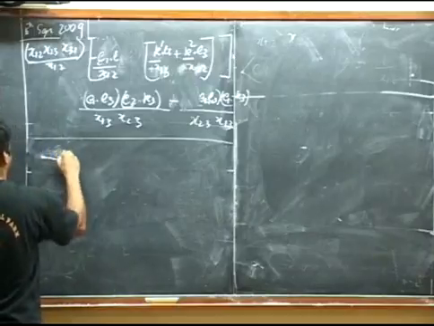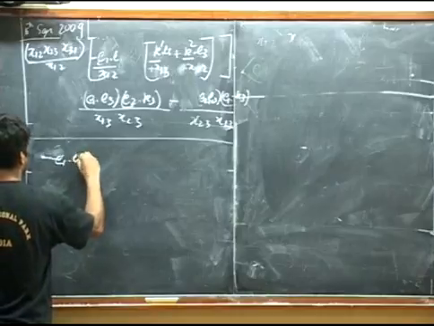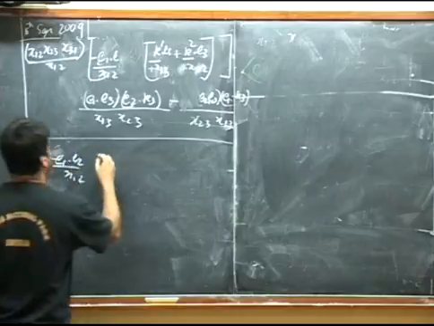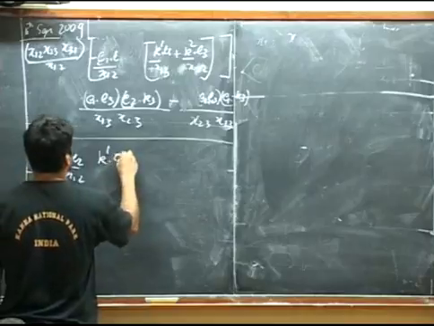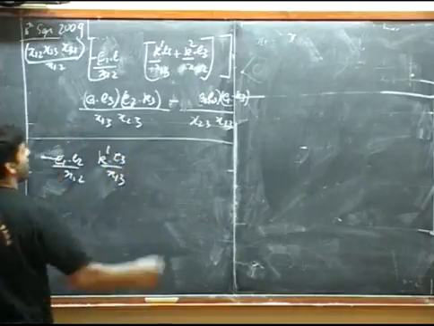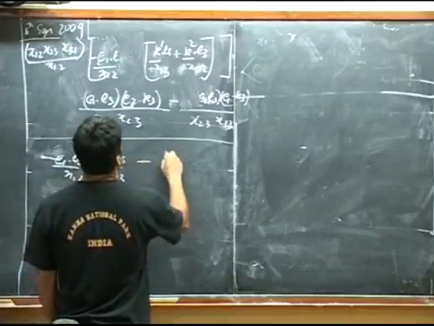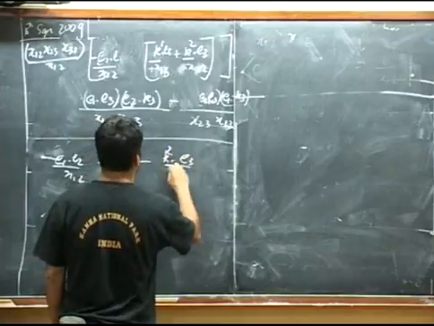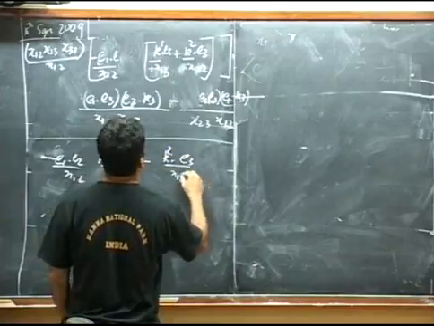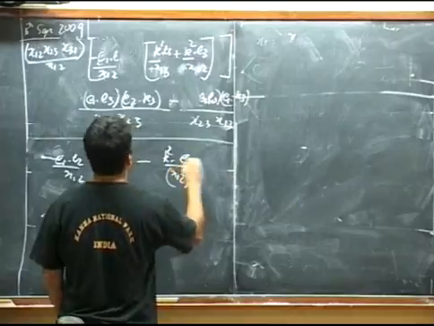Minus E1 dot E2 over x12, K1 dot E3 over x13, minus K2 dot E3 into x12 over x squared.